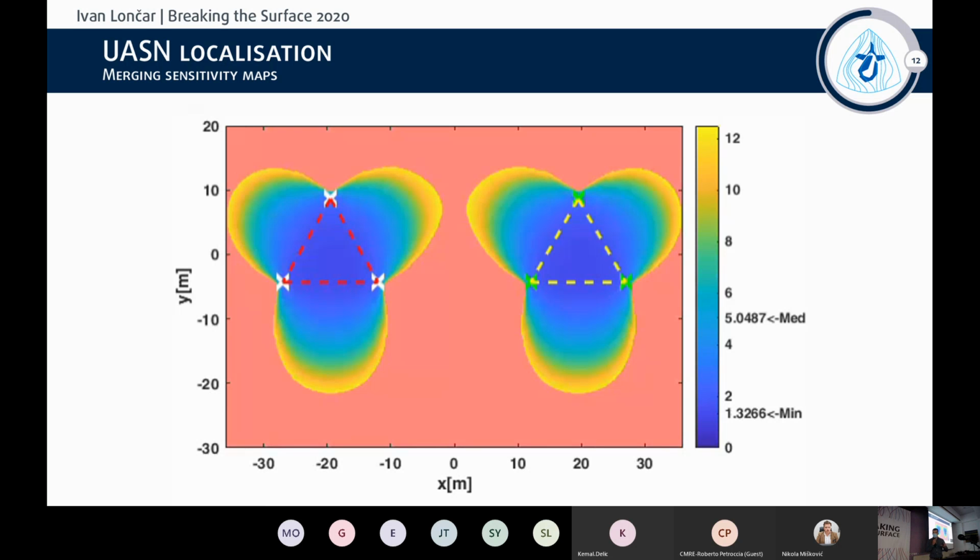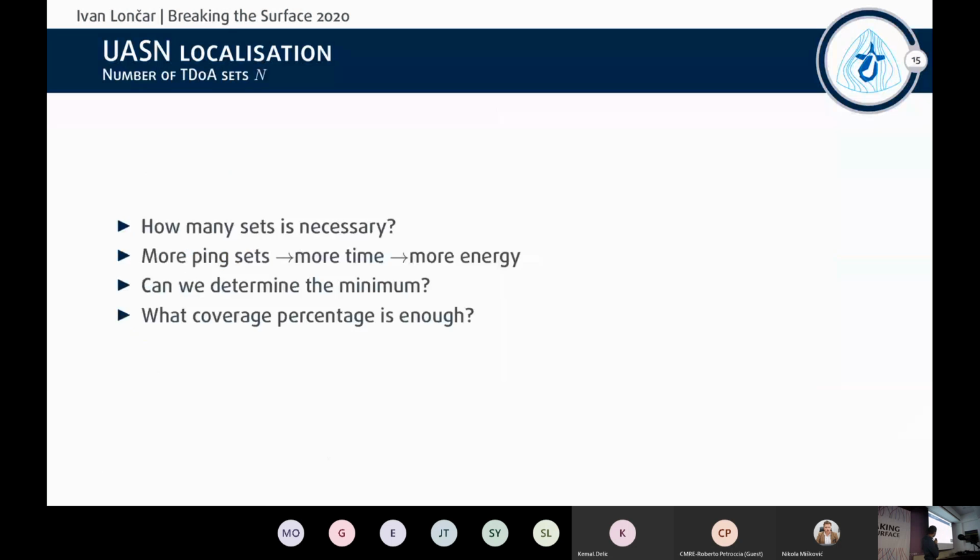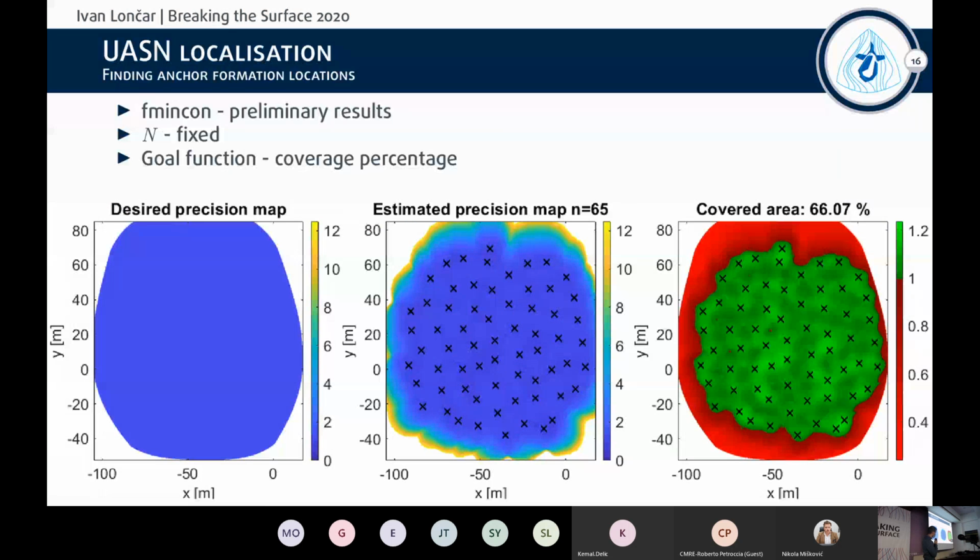I used 4, and I can generate. I wanted to generate those maps and find solutions for all 3. But if I use 4, I can generate some kind of map, so I can use some easier methods of optimization for finding the positions I've shown, for example, here.